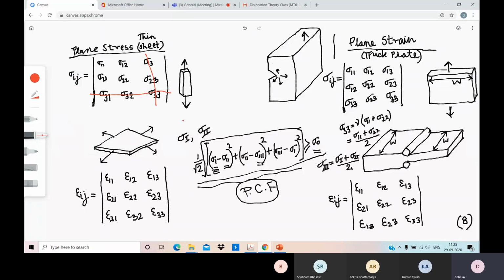But if along the third direction there is no stress, will there be any strain along the third direction? Yes, there can be.